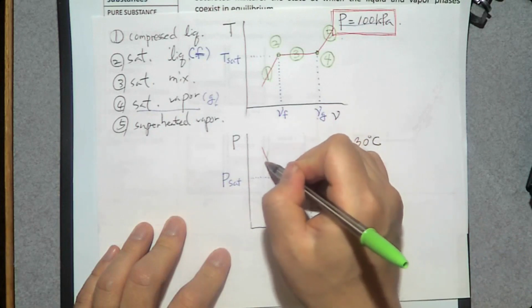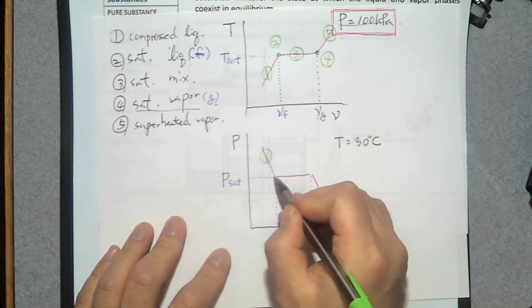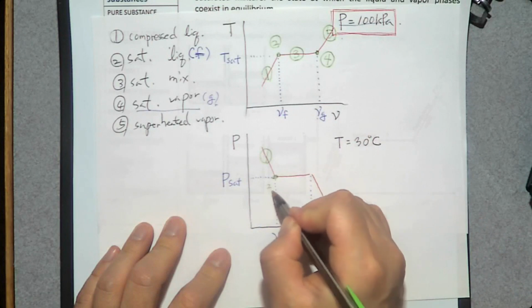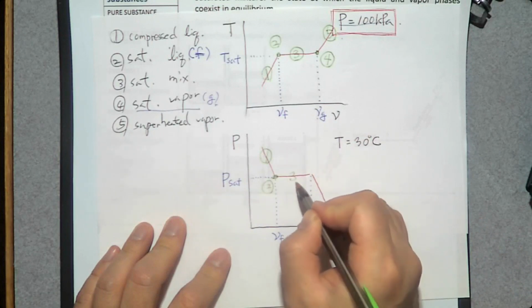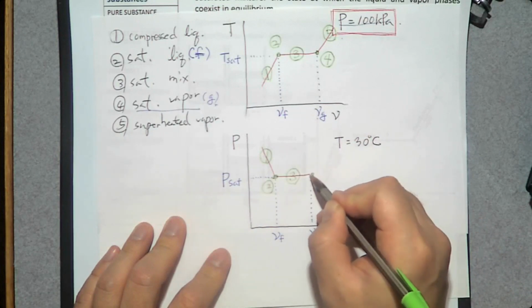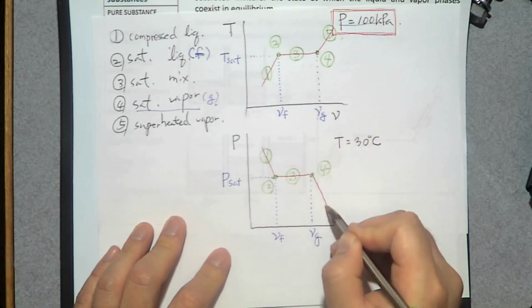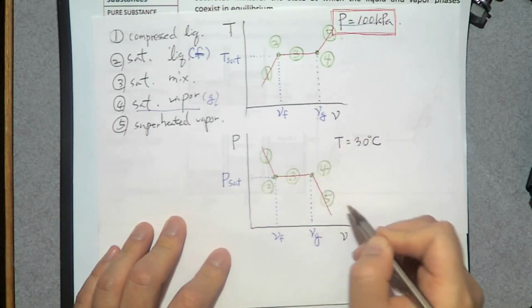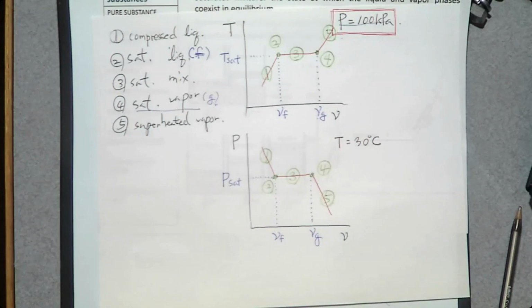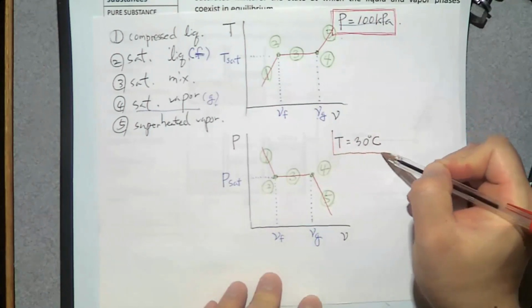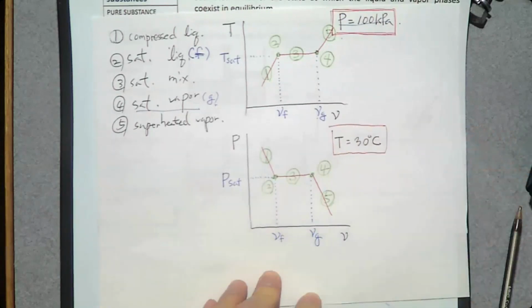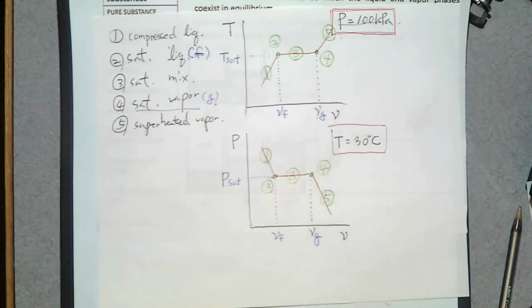Here we have compressed liquid. This point is saturated liquid, saturated mixture, saturated vapor, and superheated vapor at this temperature. So if you know the pressure of your system, you can make a TV diagram.